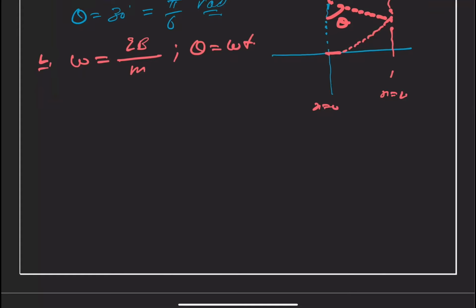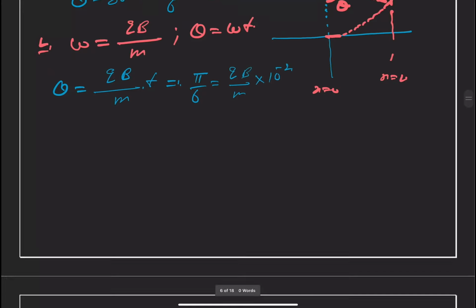We substitute the value of omega, we get theta is equal to qB upon m multiplied by t, and we substitute it. Theta is pi by 6, we get qB by m, time is given in milliseconds, 10 to the power minus 2.